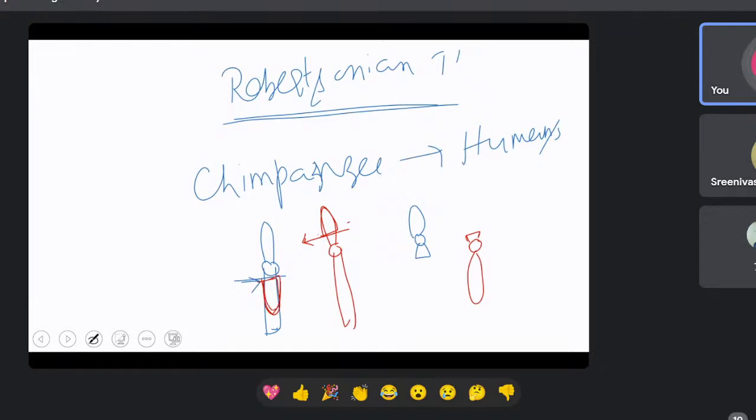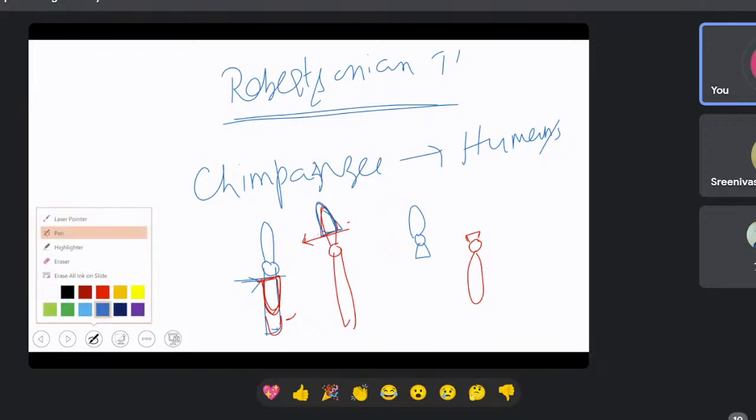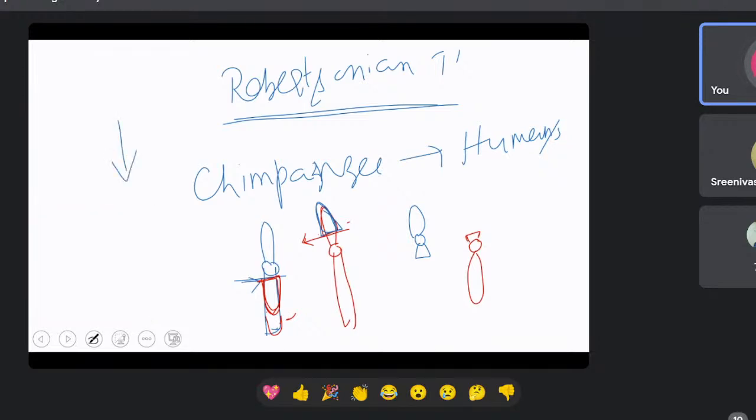This segment is transferred here, and this portion of this one is transferred to the other chromosome. That means they are exchanging their broken segments, and this results in the reduction in the number of chromosomes.